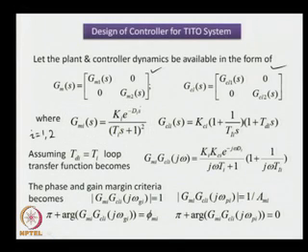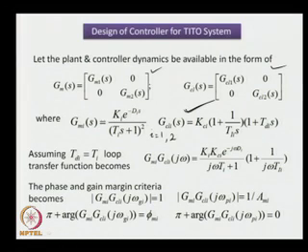Similarly, the controller dynamics now can be obtained in the form of GCiS is equal to KCi times (1 plus 1 upon TiS) times (1 plus TDiS), thus giving us two series PID controllers when i assumes values like 1 and 2.